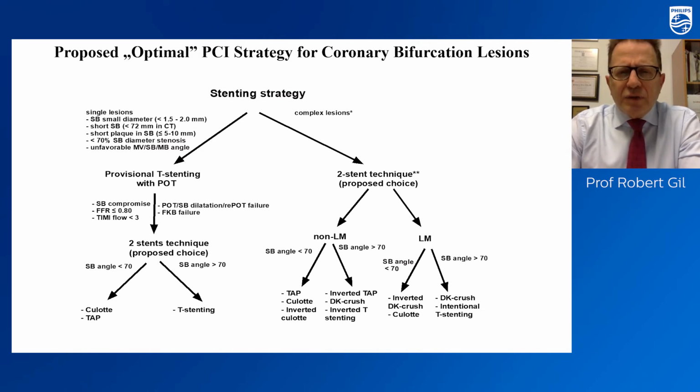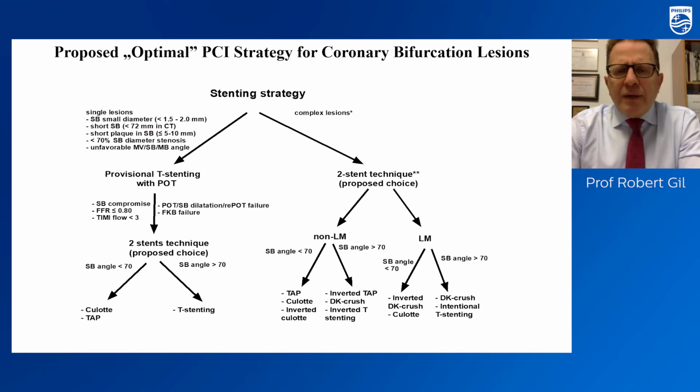And here you can appreciate my proposal for an optimal PCI strategy for coronary bifurcation lesions, taking into account also the angulation between main vessel and side branch, and also assessment of complex and simple lesions.